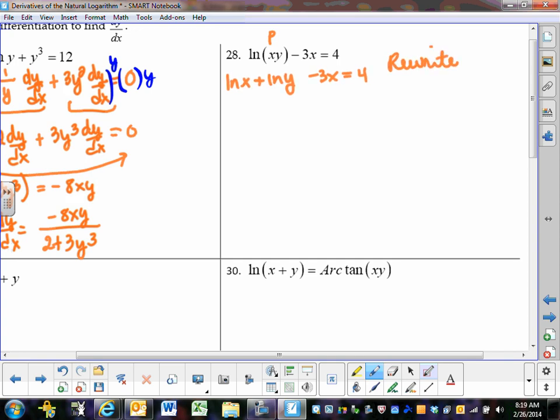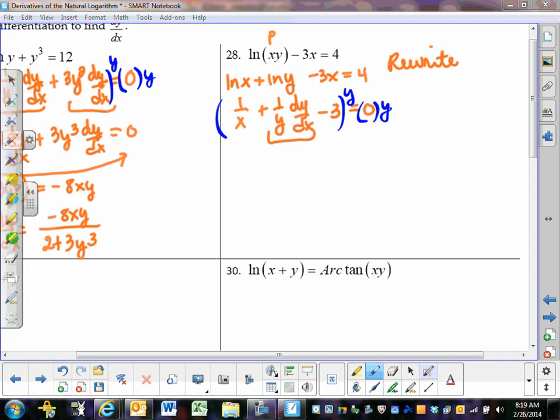Okay, some more practice with implicit. The derivative of 4x squared is 8x, plus 2, the derivative of natural log is 1 over y dy dx, plus 3y squared dy dx equals 0. Anytime we have a fraction with the dy, we need to get rid of that, so I'm going to multiply everything by y.